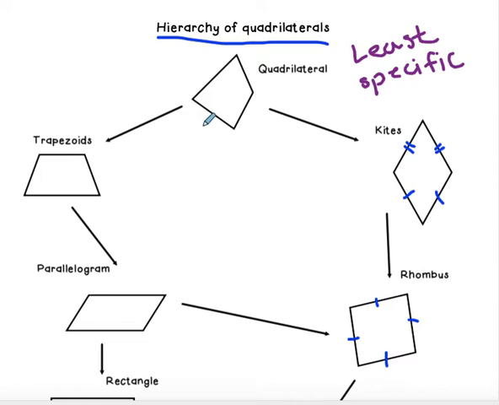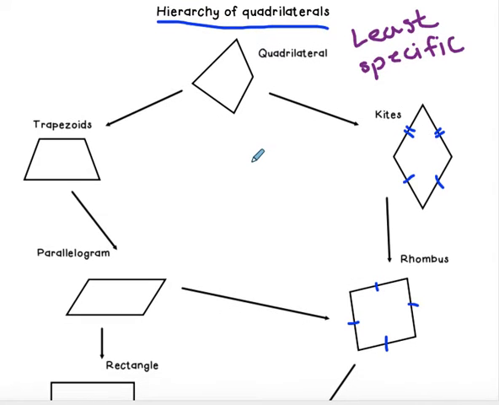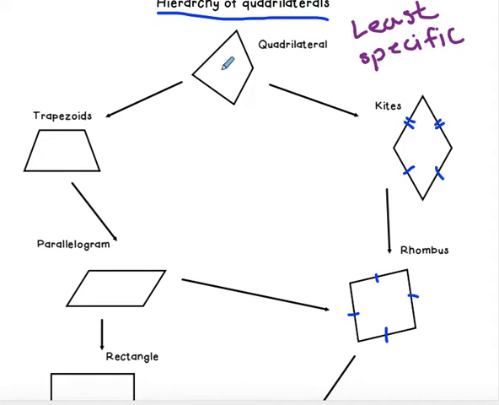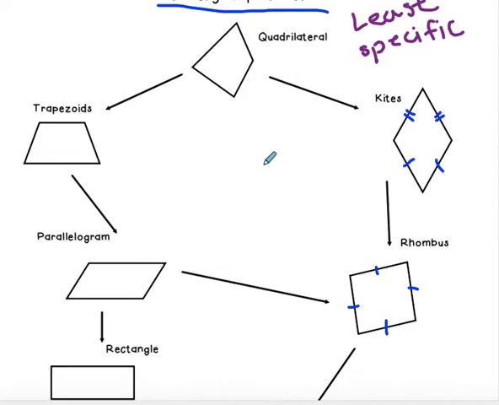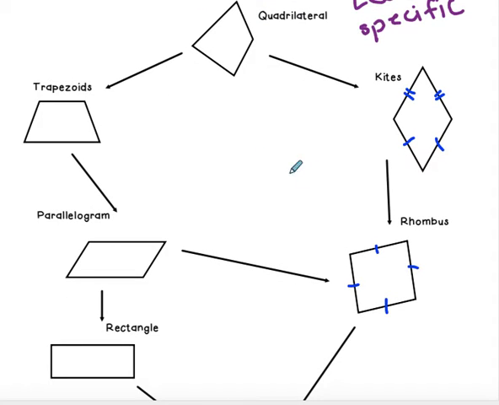All right, then you get slightly more specific, you go to trapezoids and kites. Basically what this is saying is kites are quadrilaterals and trapezoids are quadrilaterals. They both fall into that category of four sides and four angles. Then, if you have a kite that has all four sides the same length, you have a rhombus.